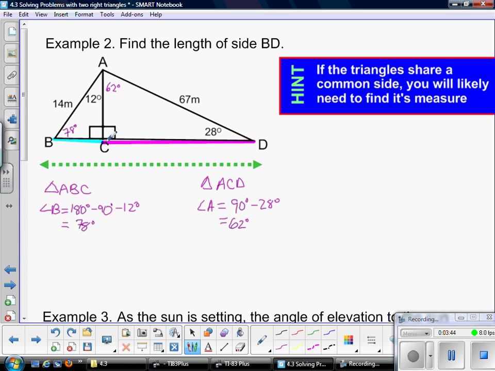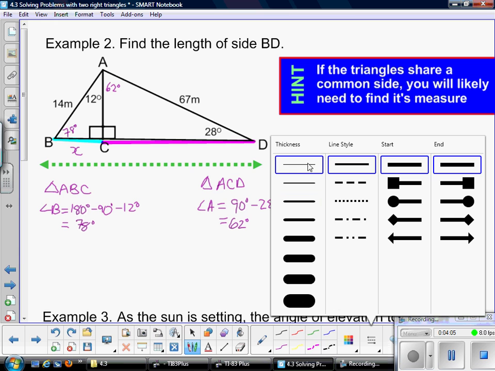Now, remember I said that I thought maybe I would need to find these highlighted lines separately. Well, let's take a look at this first triangle. Do I have enough information to actually solve for BC? If I'm interested in this, and I'll call it X, do I have enough information? Let's see. I'm going to switch colors just so we can see.